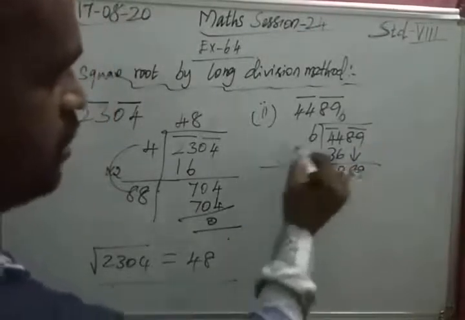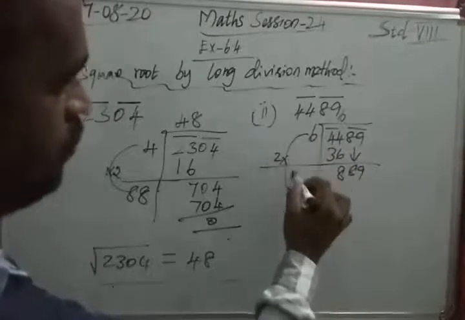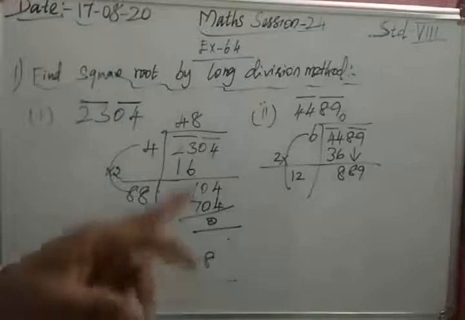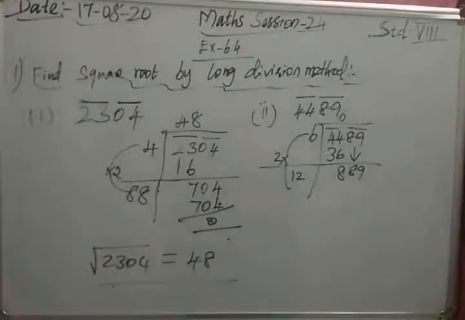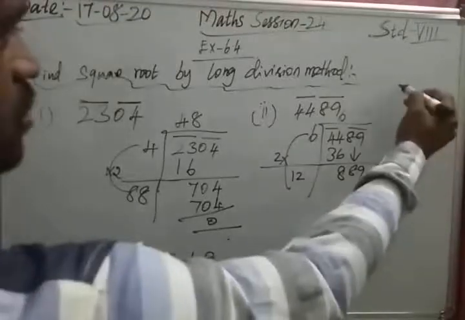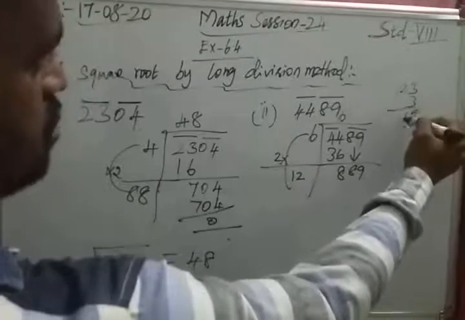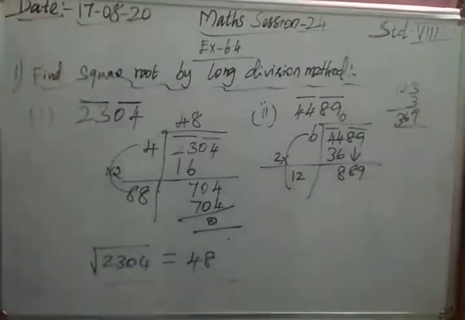Afterwards, here we have to multiply by 2, then we are getting 12. Now to get the value, the last number should be 9. Which terms are there? You have to think. First we will take 2 2s are 4, 3 3s are 9. But when we put 3 here, try 123 into 3. 3 3s are 9, 3 2s are 6, 3, only 369 is coming.